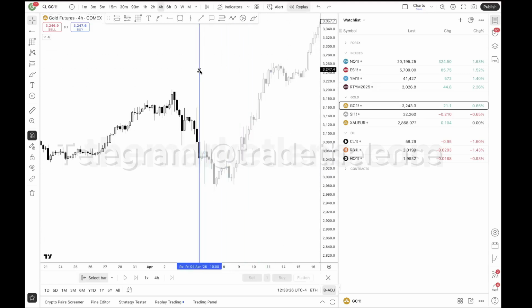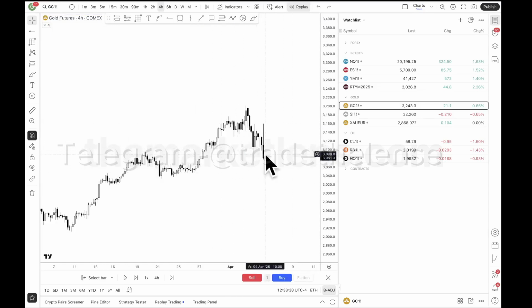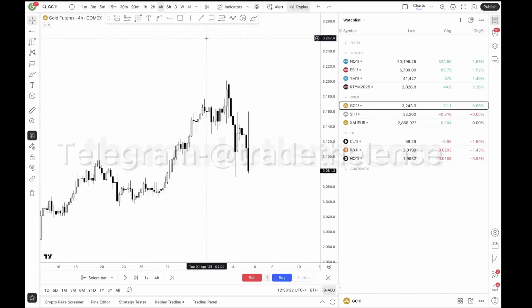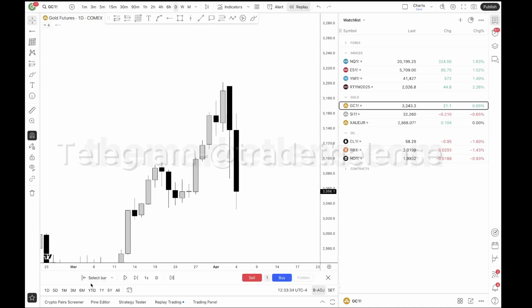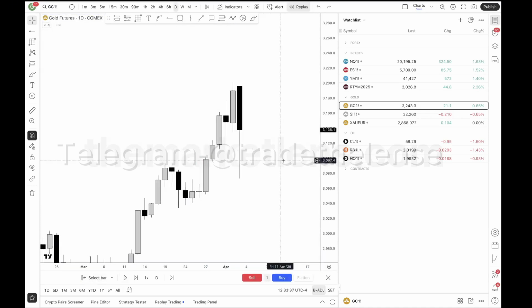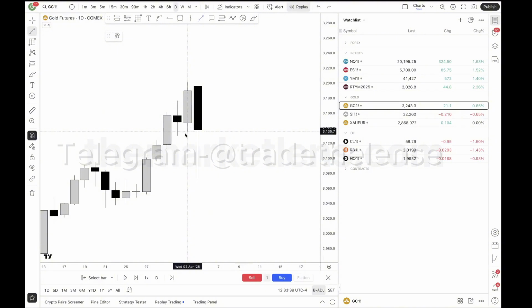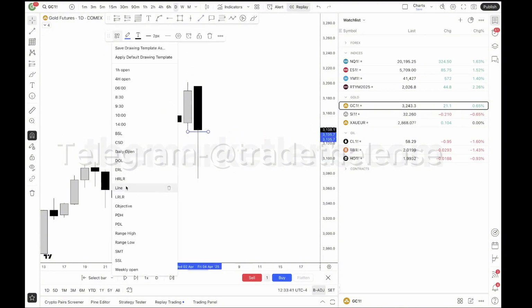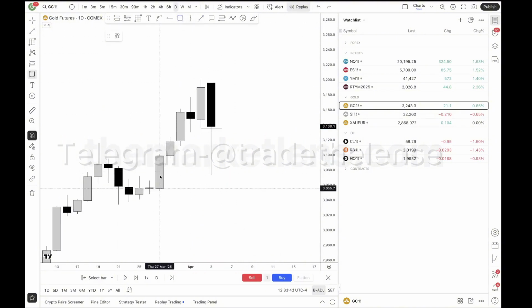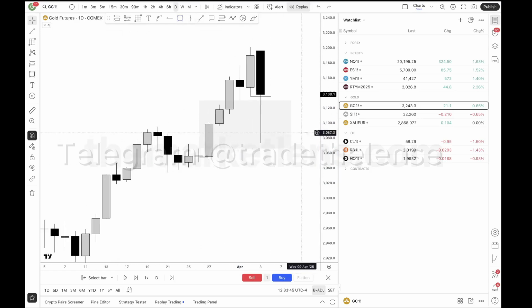So this is a day here. Let's go over some SMT stuff about lagging assets. A lot of people are going to pattern trade this day right here. They see a candle 2 closure. They see a fair value gap being respected. They see an SMT at the lows.